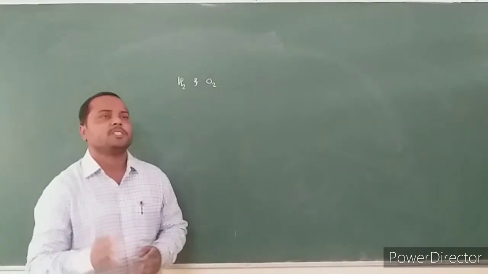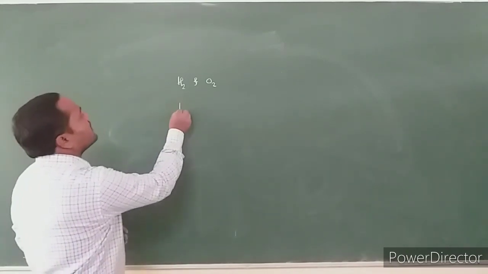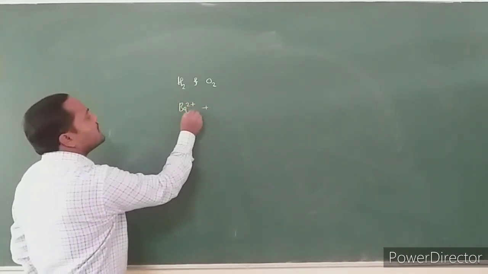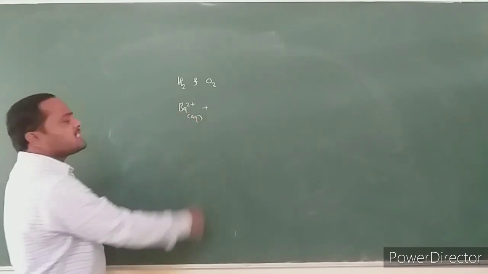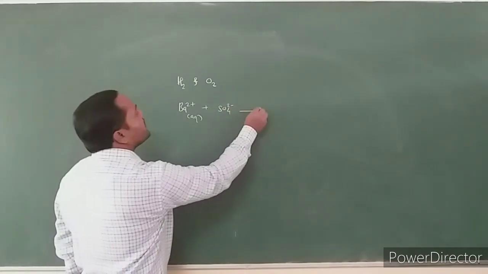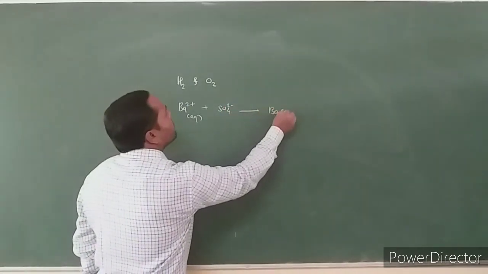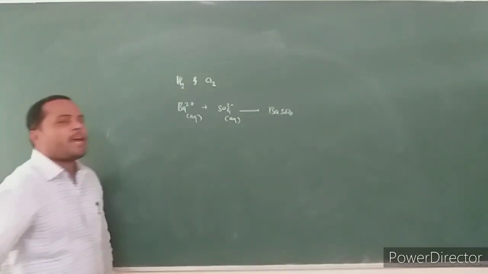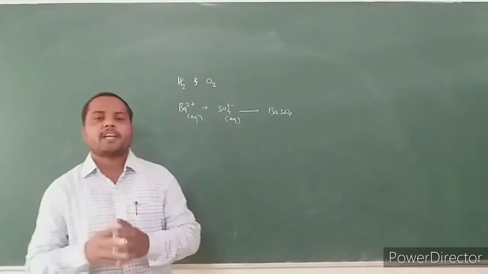It is an explosive reaction. Another one is the precipitation of barium sulfate. When ions containing barium and sulfate are mixed together, barium sulfate forms. The precipitation of barium sulfate requires a fraction of a second.